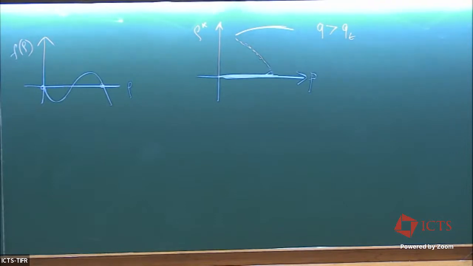So in the context of, for example, a population like this, what this means is that when the population size is low, it's unable to compensate for the deaths. But if Q is large, meaning the positive feedback is large, you can form a cluster of ones which will maintain themselves because of positive feedback.